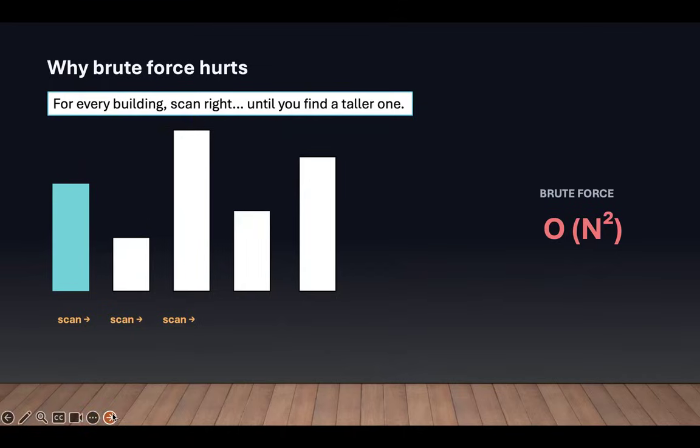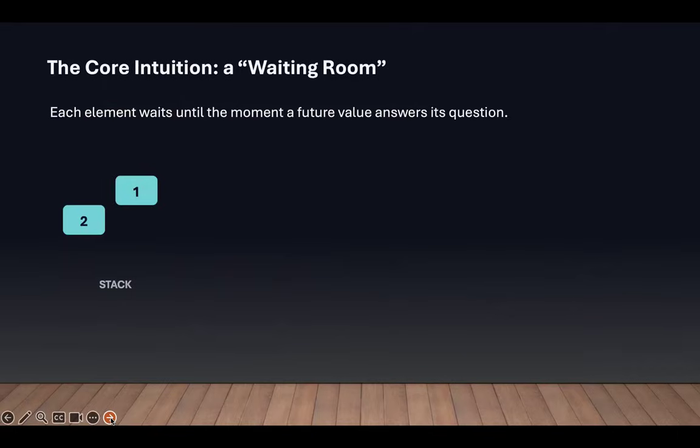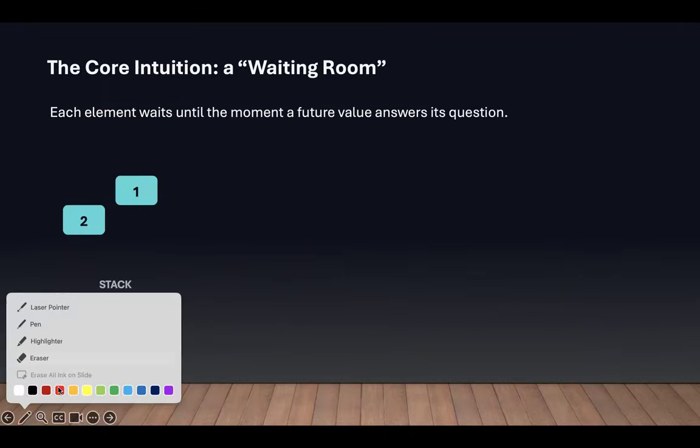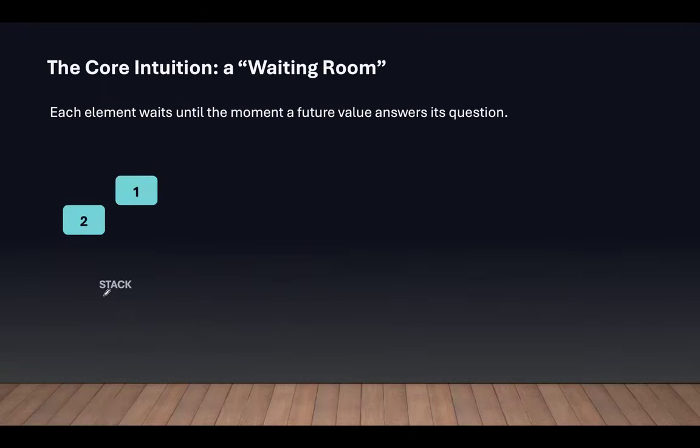In order to do that, we would use this waiting room thing. We keep a waiting room of elements that haven't found their answer yet and resolve them instantly the moment a larger number appears. So in our case, what is this waiting room? It's a stack, right? Each element will wait until it has got its answer. In our stack currently, we have 2 and 1.